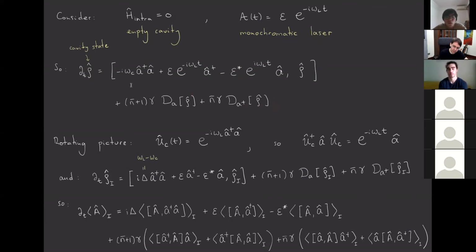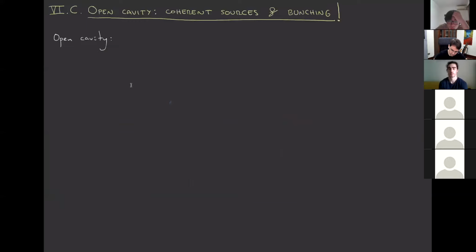So what we did was, because this master equation is time dependent, we moved to a rotating picture in which the master equation becomes time independent, and it takes this form. So this is the form that I am going to just copy and bring to where we are. Okay.